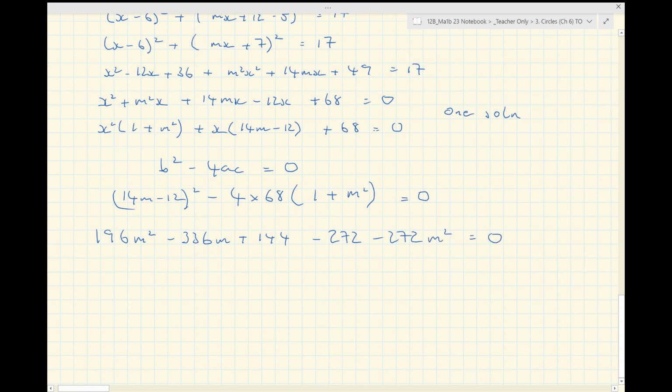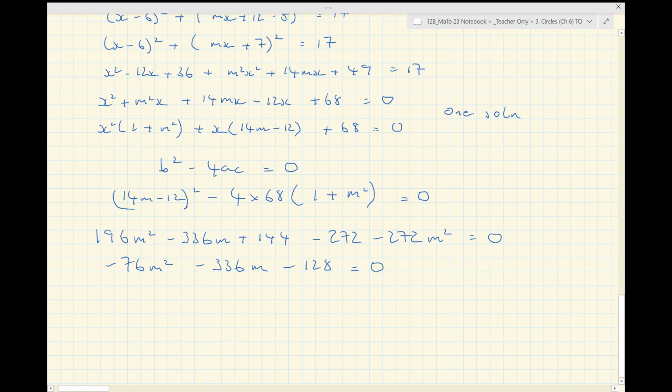Right, let's simplify that, shall we? I've got 196m squared minus 272m squared gives me minus 76m squared. I've got minus 336m, and I've got 144 minus 272. I've got minus 128. That equals 0.